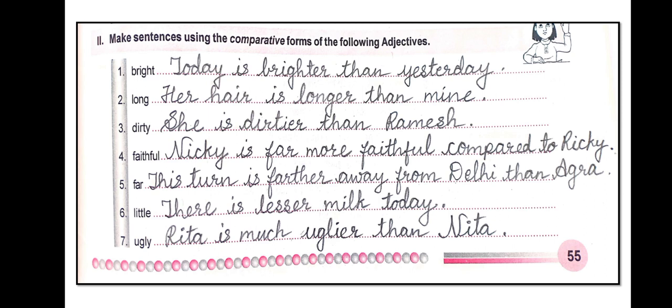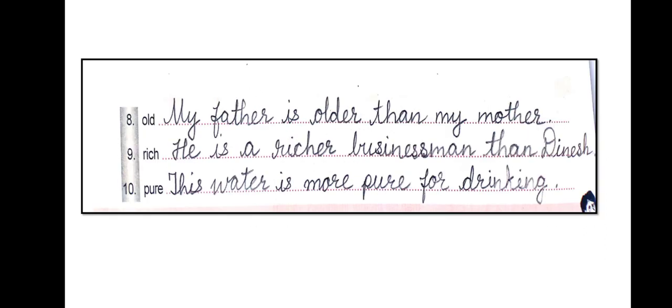Ugly. Rita is much uglier than Nita. Number 8. Old. My father is older than my mother. 9. Rich. He is a richer businessman than Dinesh. 10. Pure. This water is more pure for drinking.